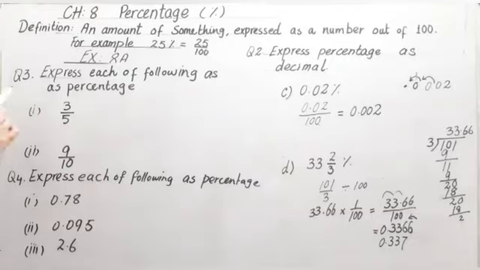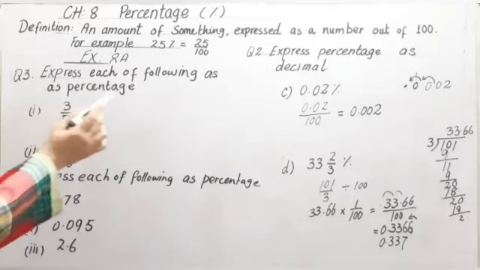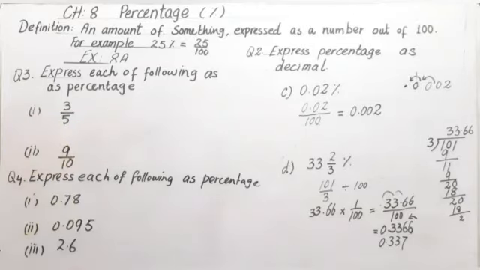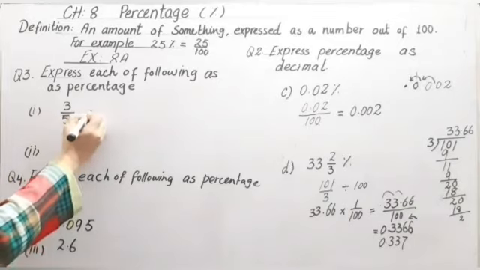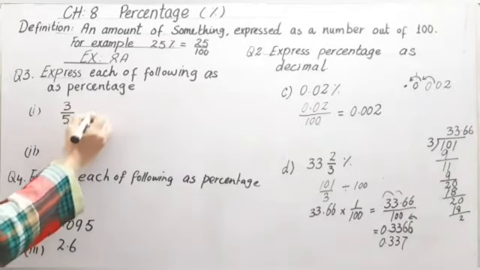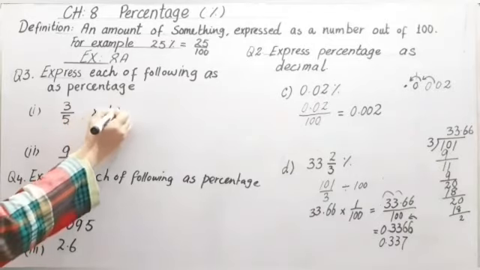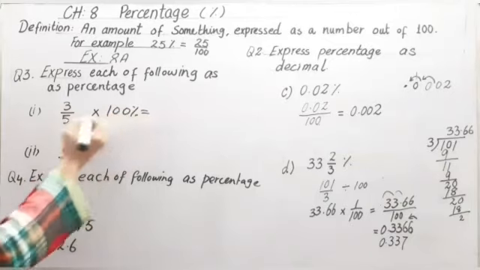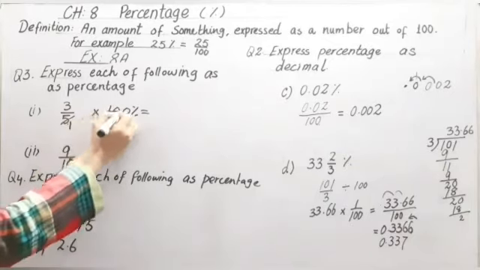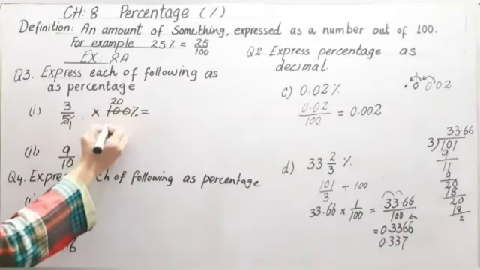Question number 3, express each of the following as percentage. When there is no percentage sign in the question, we just multiply it with 100. Our question will be 3 by 5. So we multiply it with 100%. 5 ones are 5, 5 twos are 10, 5 zeros are 0.